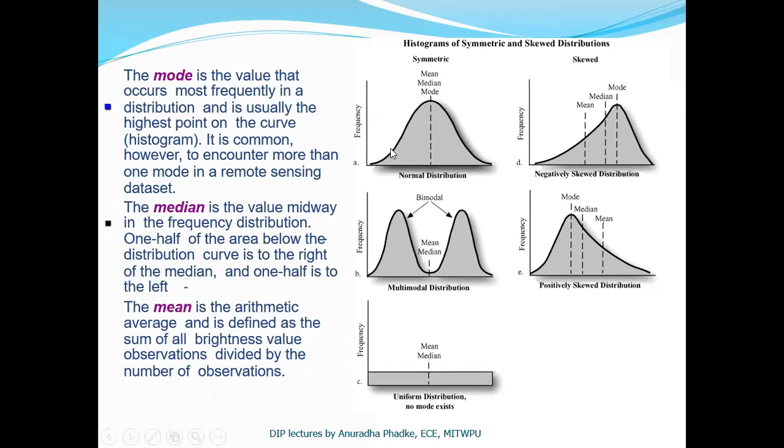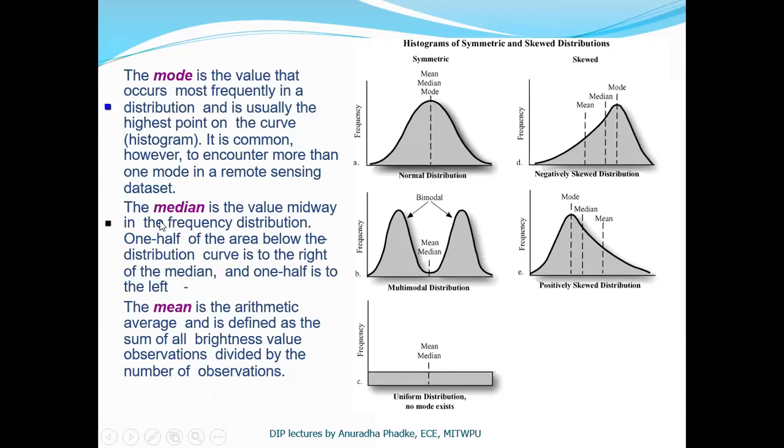If you consider this histogram which has a Gaussian shape, this peak value gives you the mode, because this is the highest frequency point. If this peak occurs at gray level X, we can say X is the mode of the histogram. So it is the most frequently occurring value.